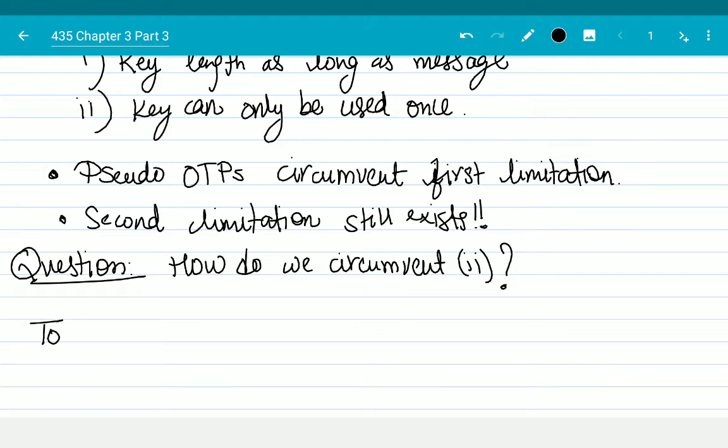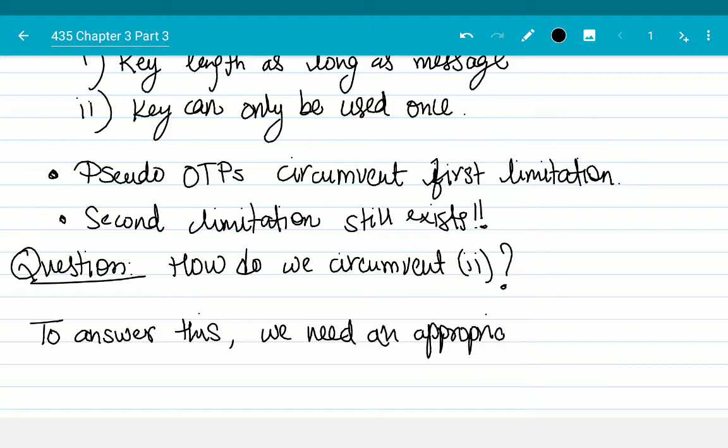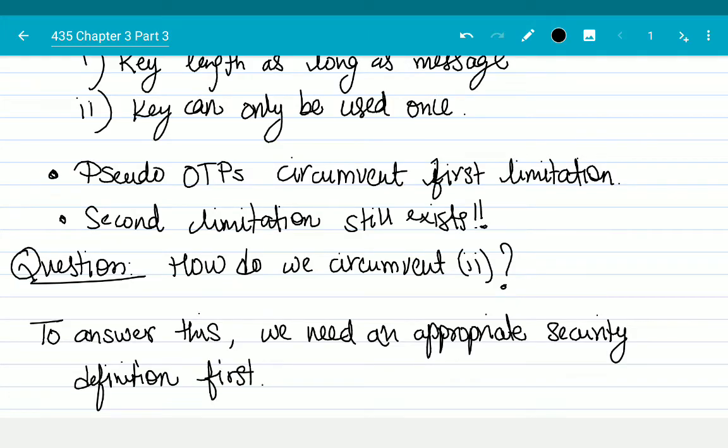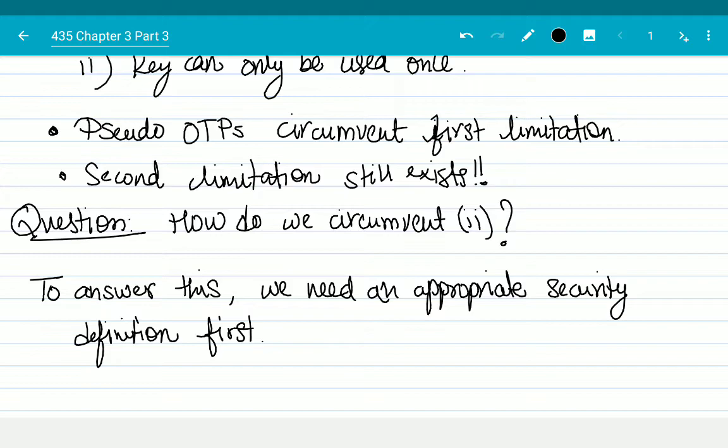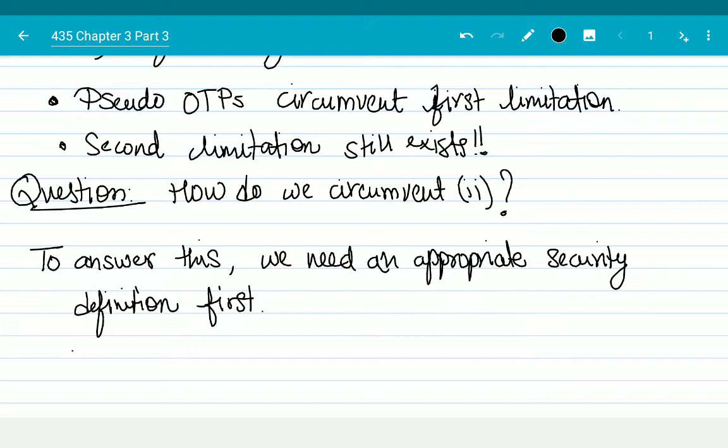So first, we need an appropriate security definition to answer this. Which means we need two things. First, a security goal.